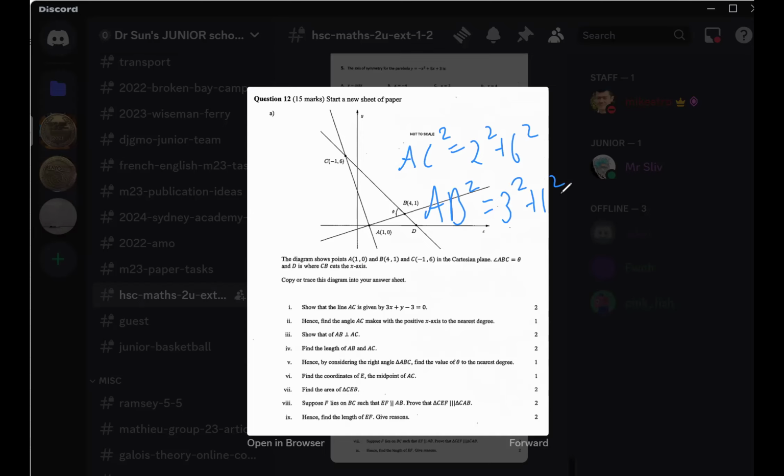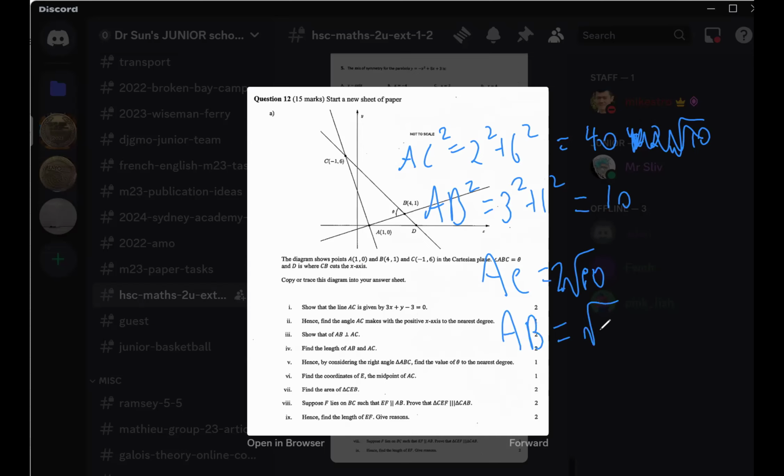So then the lengths are, this is 40, this is 10, so it's root 10 and root 40. So this is 2 root 10, so AC is root 10 times 2, AB is just root 10. So AC is twice AB.